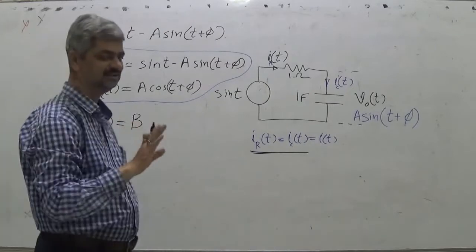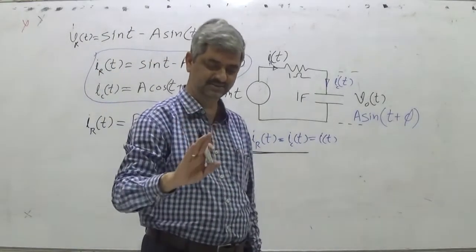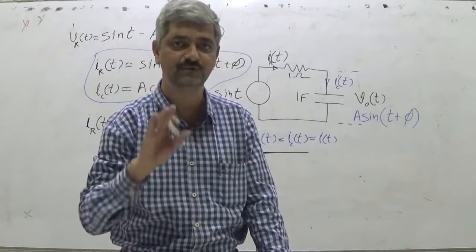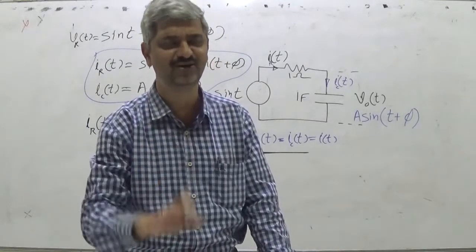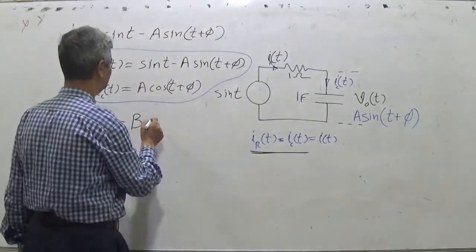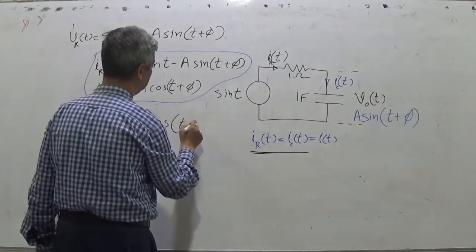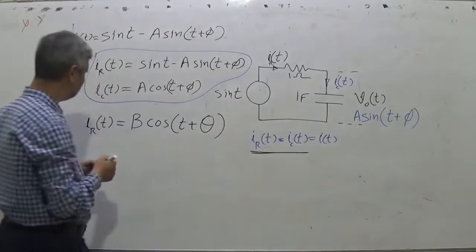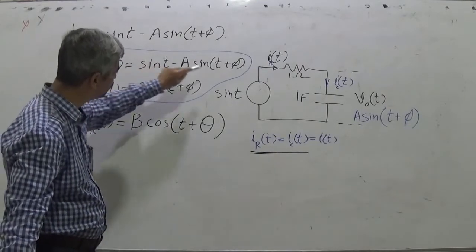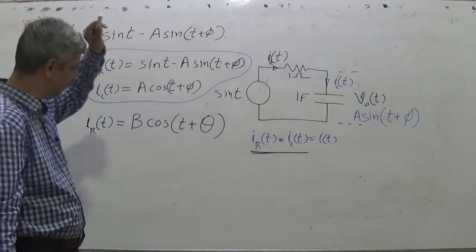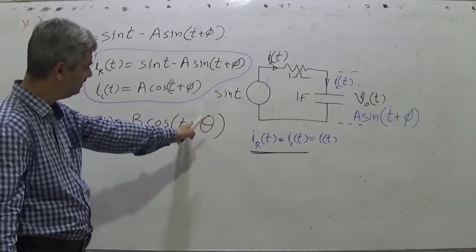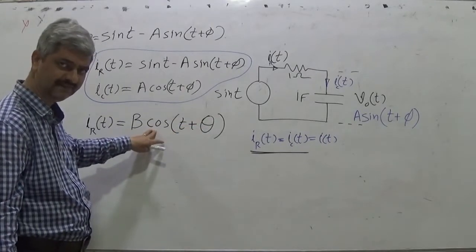I will not spend time in the class on this. You are supposed to think on your own, and if you revisit 11th standard textbooks, or just do a Google search, you can find it in the form b cos(t + θ). This i_R(t), which is a sum of two sinusoids of the same frequency, you can write as something cos or something sine, because just by changing the angle you can change it to cos or sine. Did you understand?